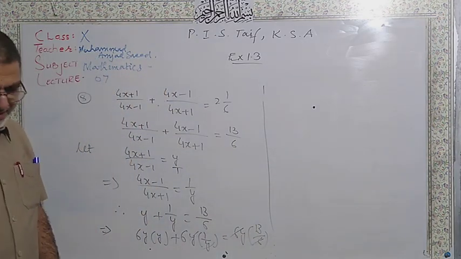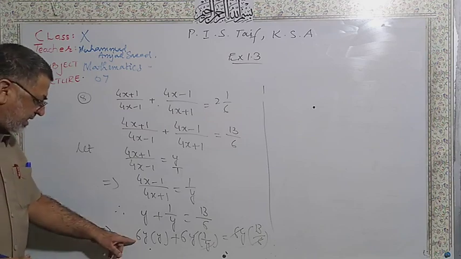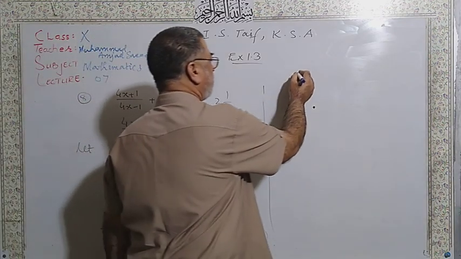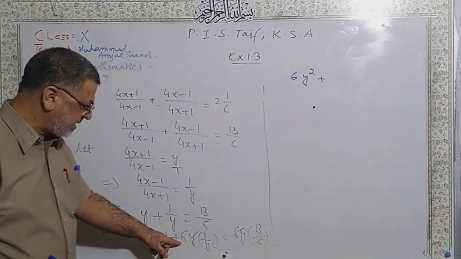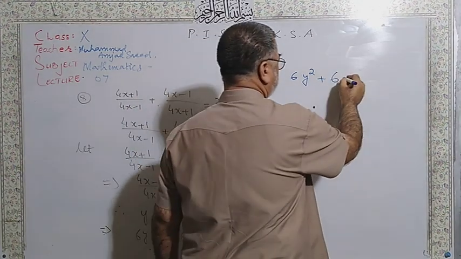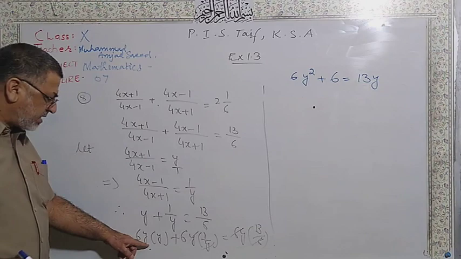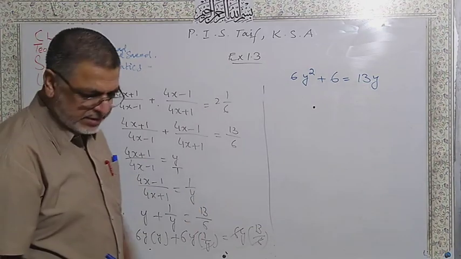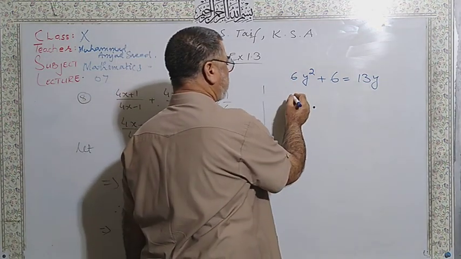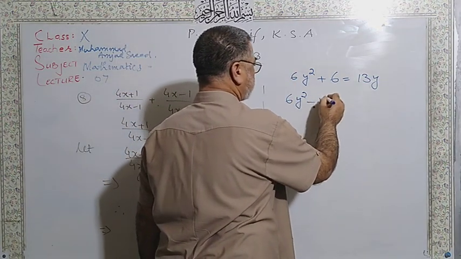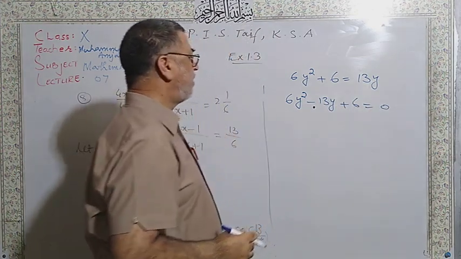And we are left with 6y square plus 6 is equal to 13y. Bring this 13y to the left hand side: 6y square minus 13y plus 6 is equal to 0.